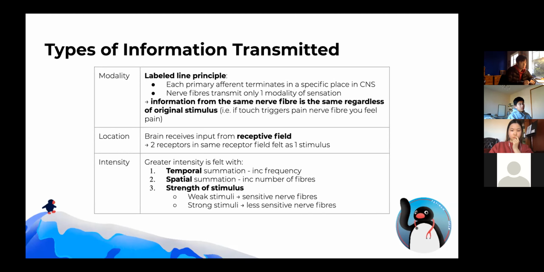Spatial summation looks at the number of fibers and the strength of stimulus, which is weak stimuli, which need to be triggered by sensitive nerve fibers, and strong stimuli can be triggered and detected by less sensitive nerve fibers.